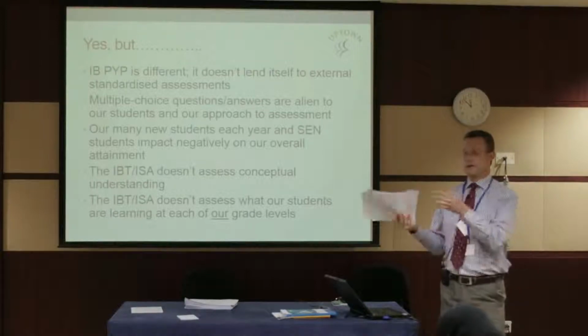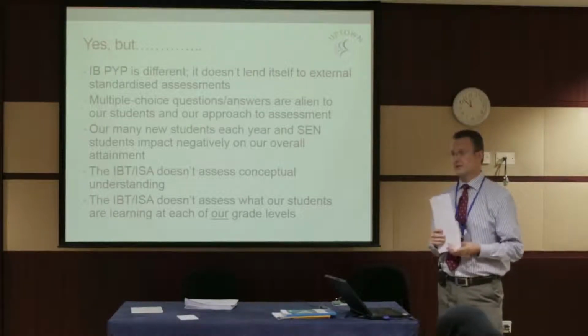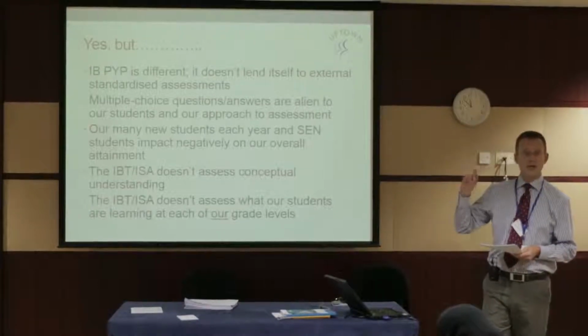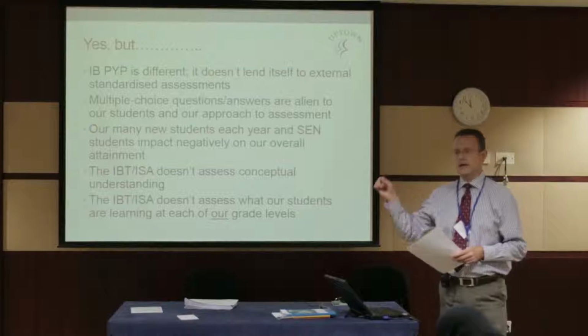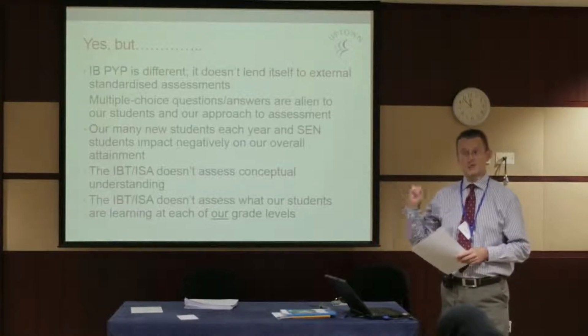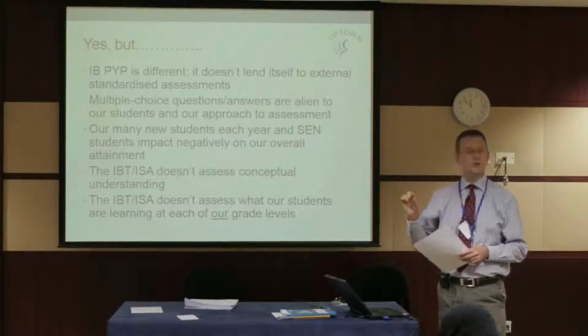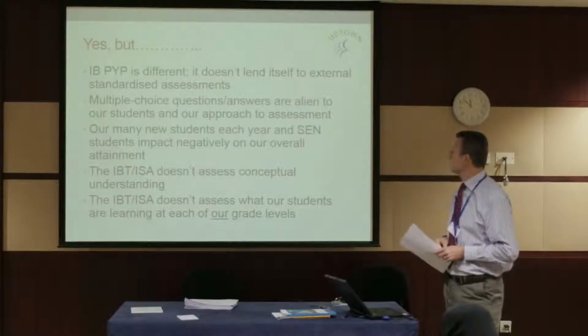So the assessment is a valid assessment, and it was certainly telling us as a school, well, if most IB schools are outperforming non-IB schools, we should be standing shoulder to shoulder with them, and we're not in mathematics. We are in English, but we're not in mathematics.